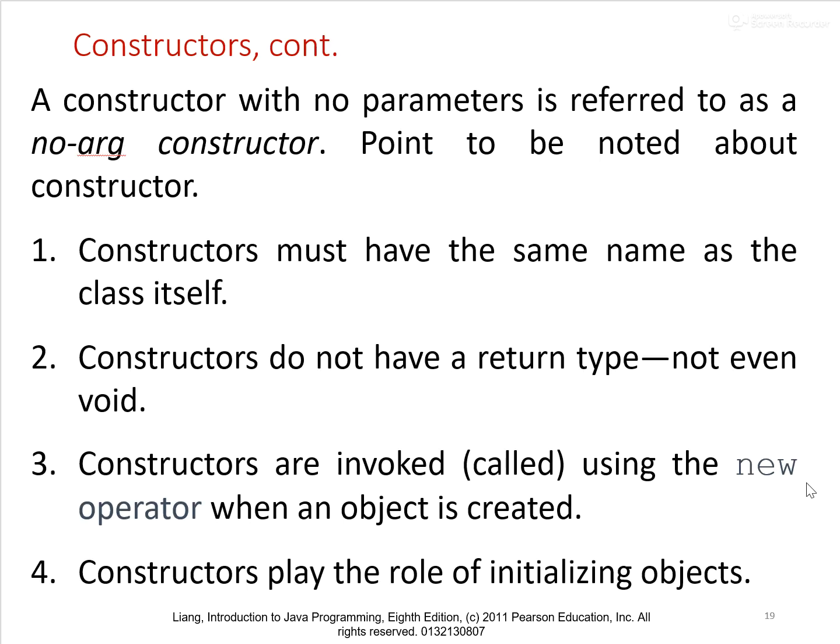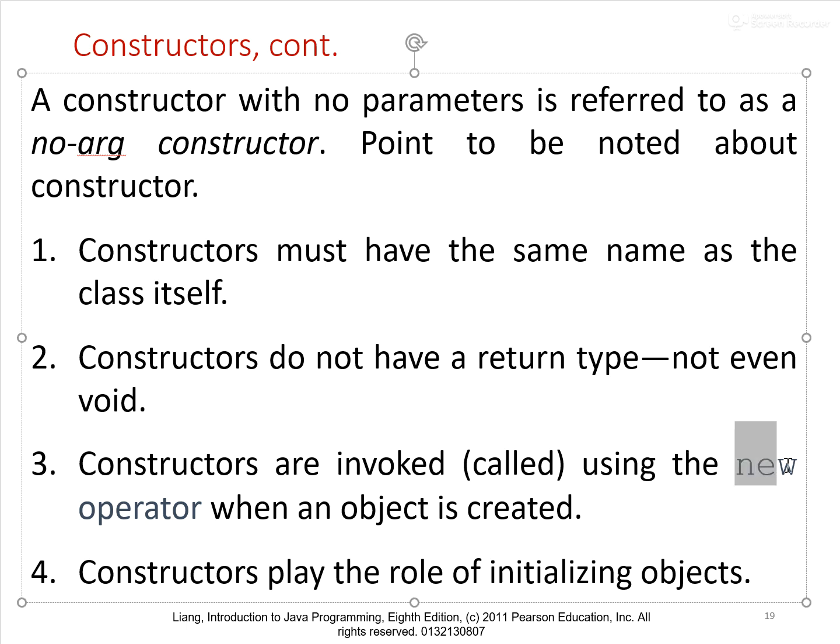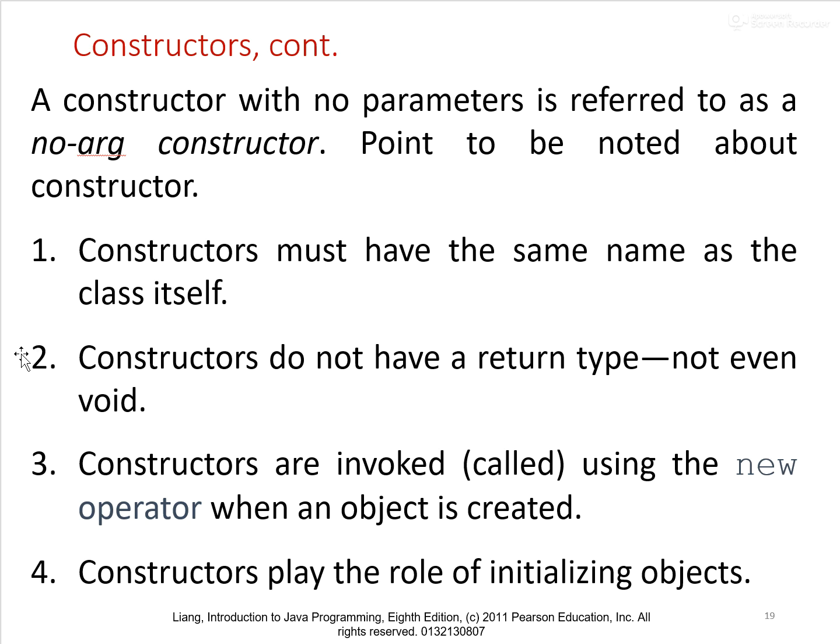So the constructor basically executes when you invoke the new operator. We've already done that. But you'll also notice that in none of the classes that we've written up to this point did we ever write a constructor method. Now, if you don't write a constructor method, that's fine. That doesn't mean that your class doesn't have a constructor.